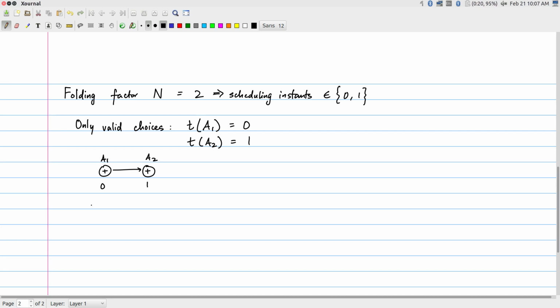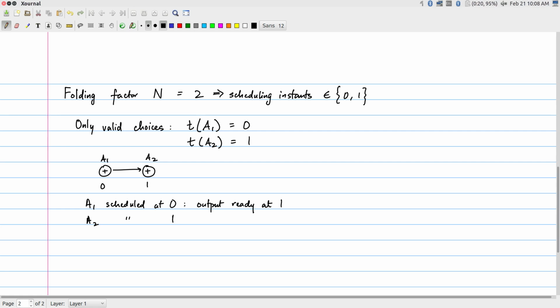So for this edge A1 to A2, what I essentially end up having is A1 scheduled at 0, output is ready at 1, and A2 is scheduled at 1.